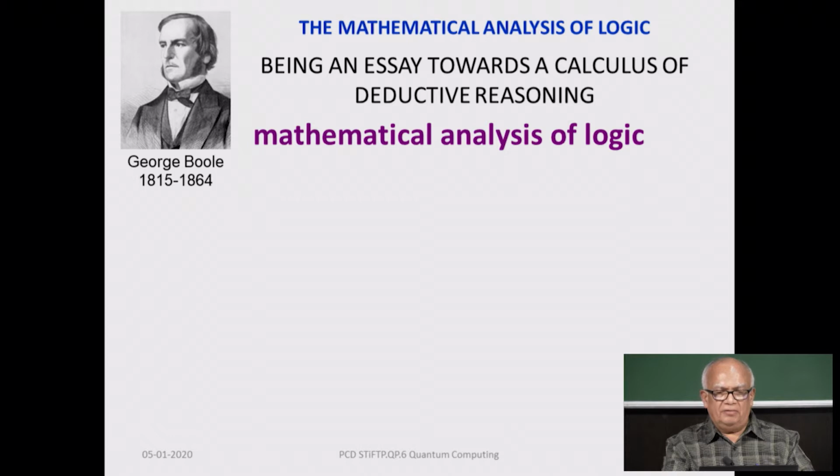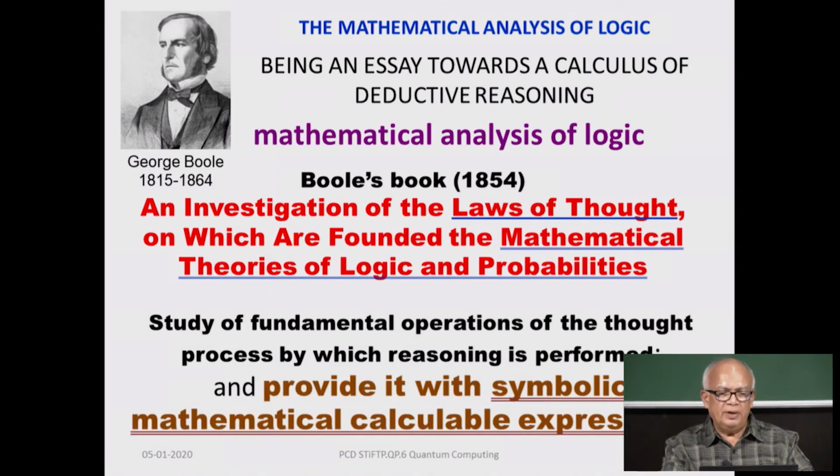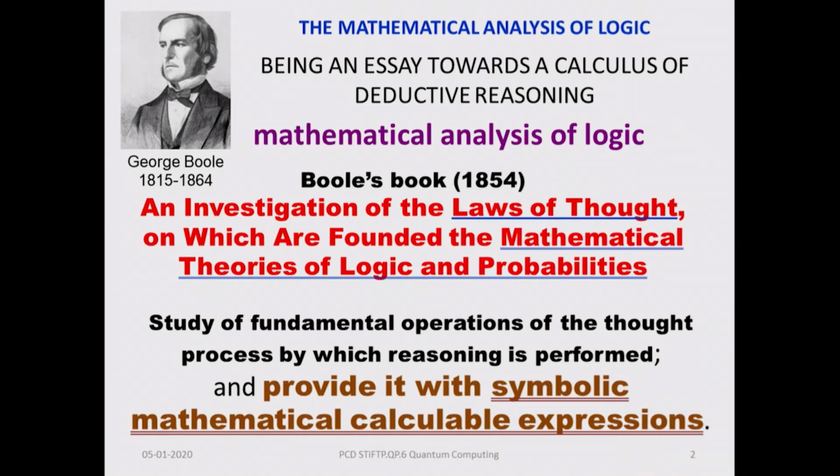So, the reasoning, the deductive reasoning and mathematical logic was transformed into symbolic logic and subsequently into a mathematical composition of logical ideas. So, it was basically a thesis on laws of thought and the mathematical theories of logic and probabilities that he published in the middle of the 19th century in 1854. And the symbolic mathematical expressions that he developed eventually became the basis for modern computers.